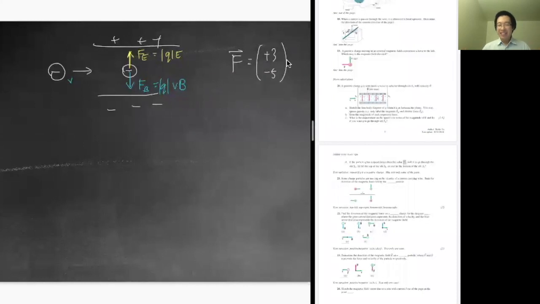Well, the fx component is positive, the fy component is negative. So what do you mean? There's no positive or negative. If you ask me the magnitude, well, the magnitude is the square root of 3 squared plus -5 squared. This is always positive. So there's no sense of vectors being positive or negative. The components can be positive or negative, but the magnitude is always positive. For the direction, you need to use description words like up, down, left, right, into, or out of the page. These are the words to describe it.